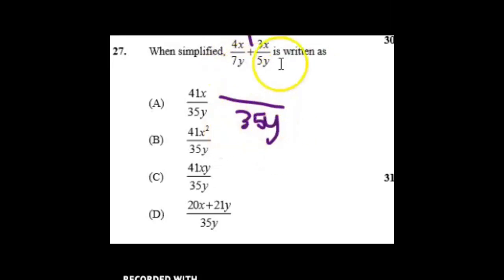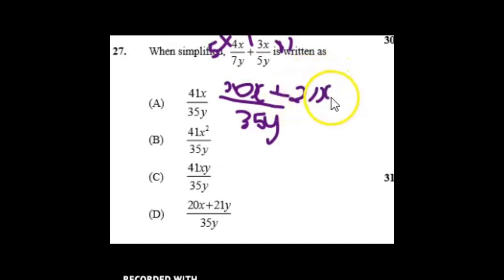So 7 into 35y would have been left with 5. 5 times 4x, 20x, plus 5y into 35y, 7. 3, 7, 21x. 21x and 20x would have given us 41x, which is A.